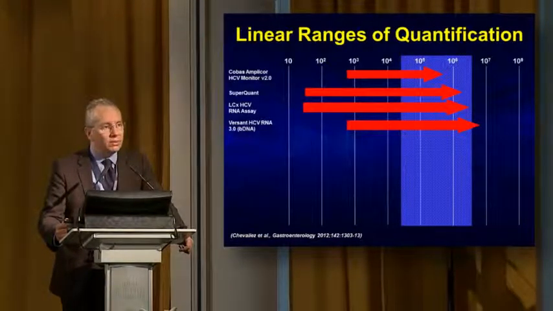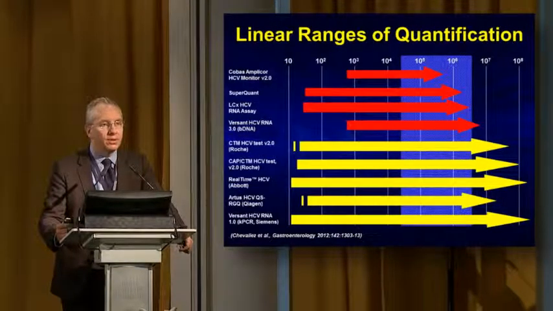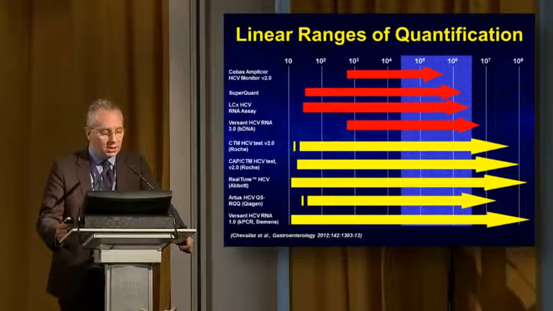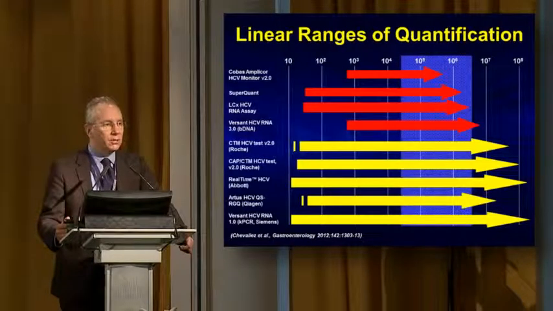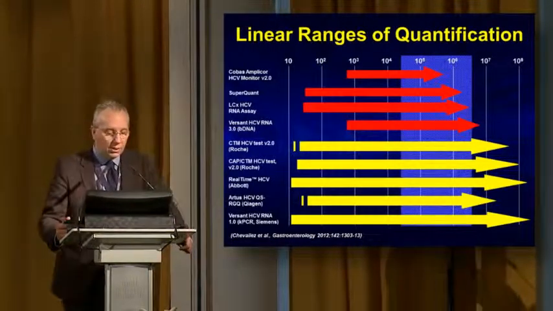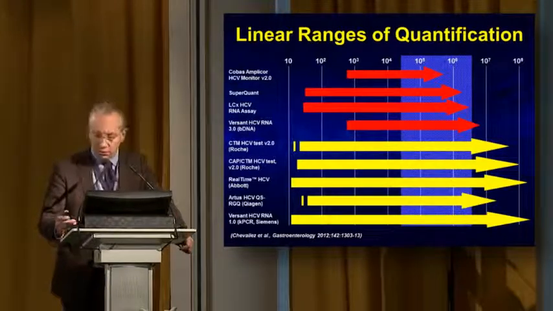So new assays based on real-time PCR were developed, and as you can see here, these assays have a great performance. They can cover the full range of clinical values that are observed in our patients. They quantify accurately very high viral loads on the right and go down to very low levels on the left, and they are very well suited to tailoring treatment duration and assessing the virological response on treatment.